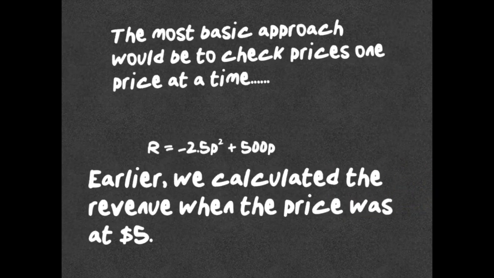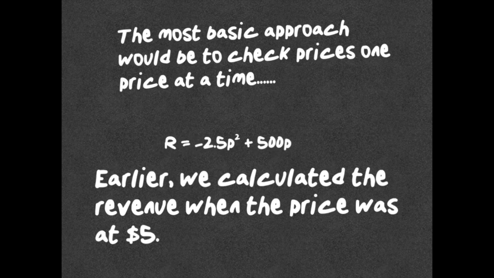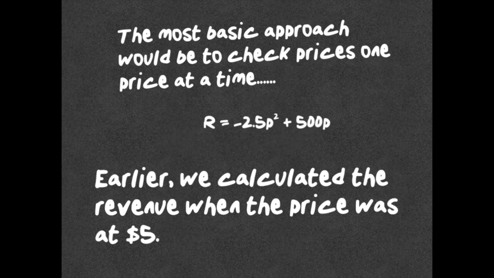The approach we're going to look at is the most basic approach. Earlier we calculated the revenue at $5. Now we're going to look at some more values so that we understand what happens if we were to do this one value at a time.